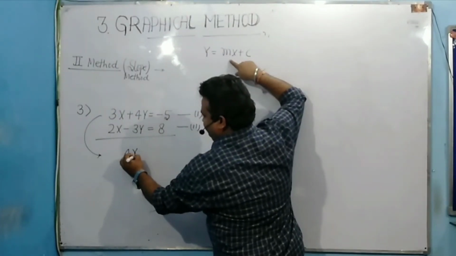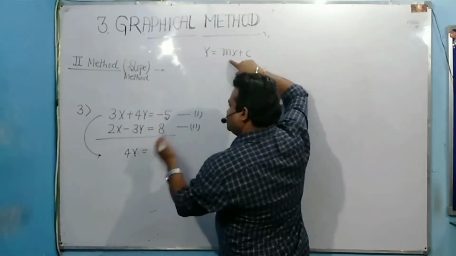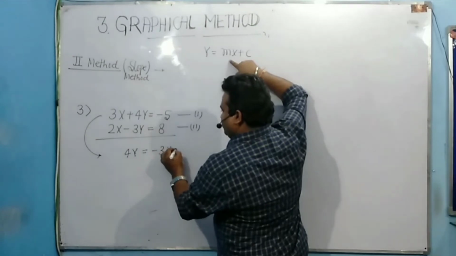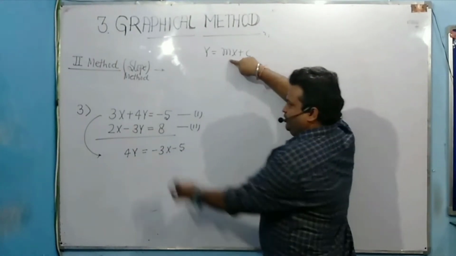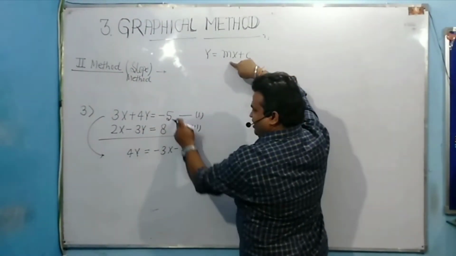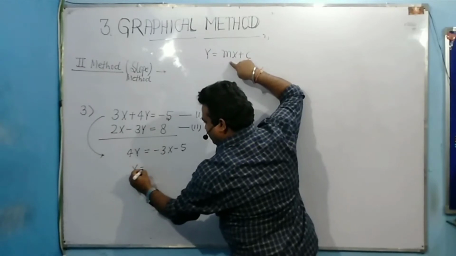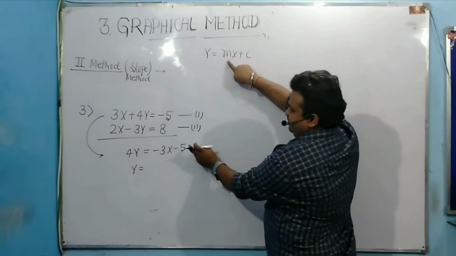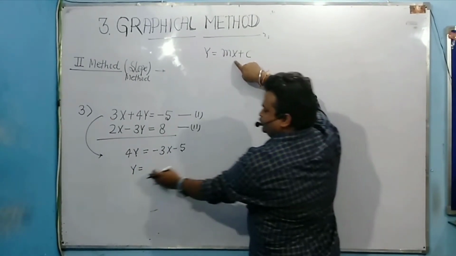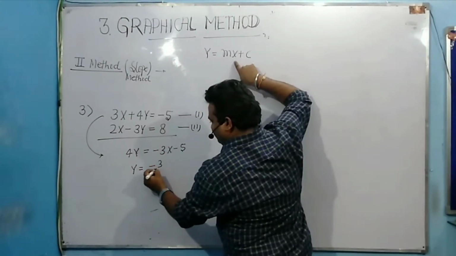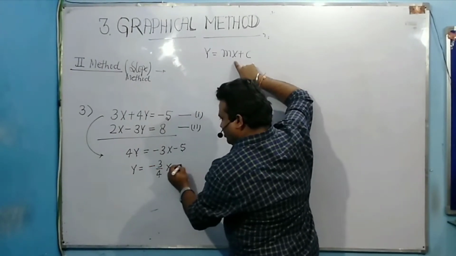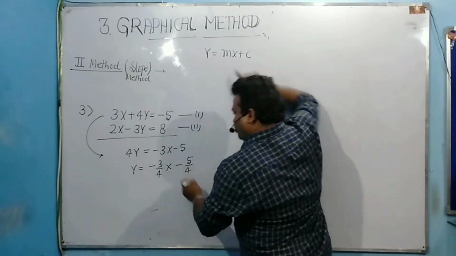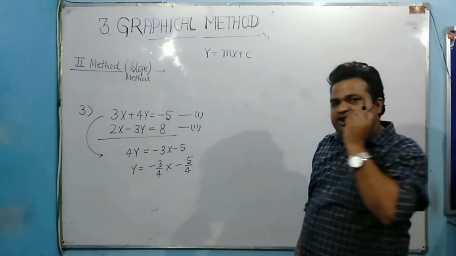So I'll have 4y equal to how much? Minus 3x minus 5. So what is my y value? Because I am going to convert my equation into this form only. So y equal to how much? Minus 3 by 4 x minus 5 by 4. Now this is the equation.